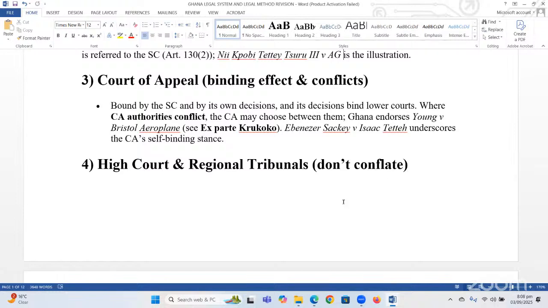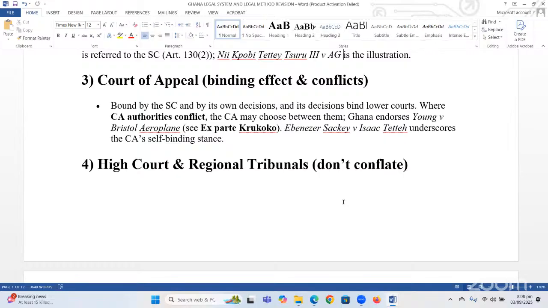And Supreme Court decisions are binding upon it, just like any other court within the legal system. And decisions of the Court of Appeal are binding on the Court of Appeal, and it also binds lower courts.